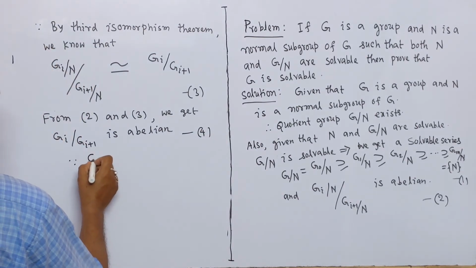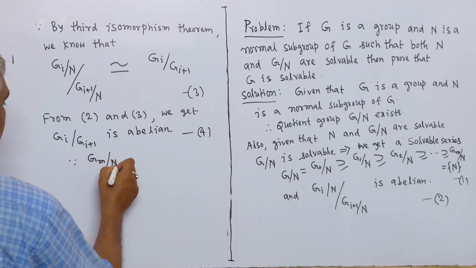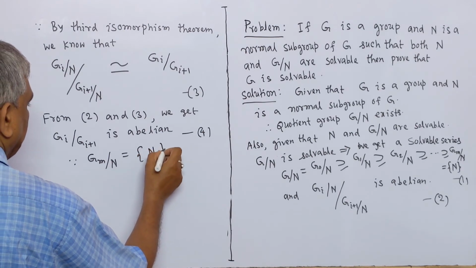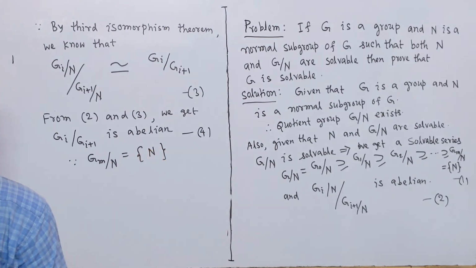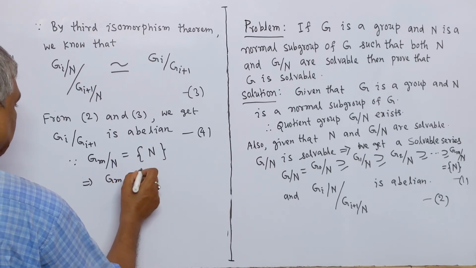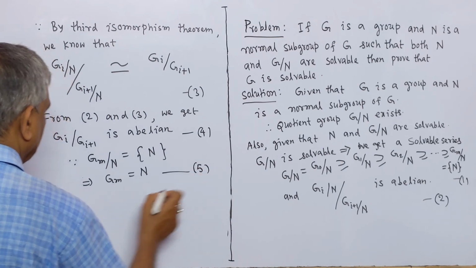Since Gm quotient group by N equal to the set containing element N implies that Gm equal to N. This is number 5.